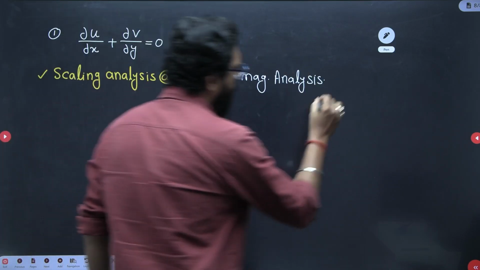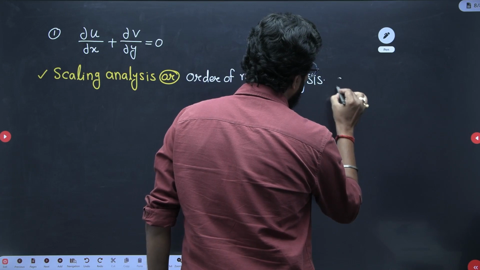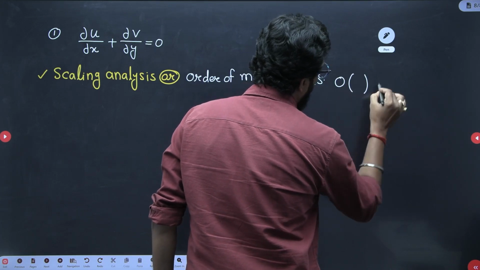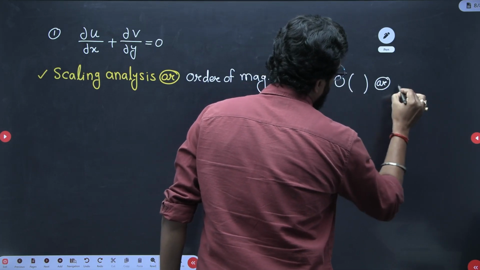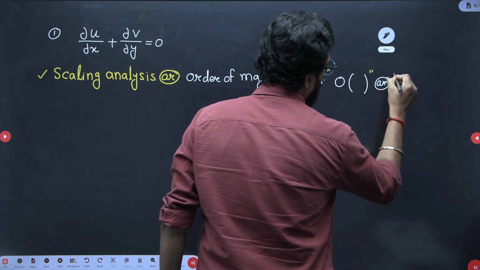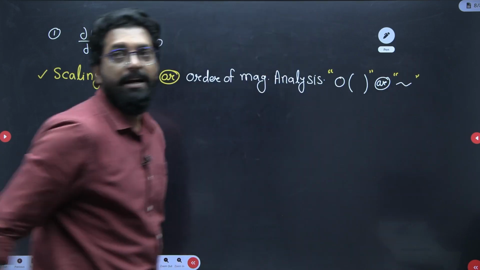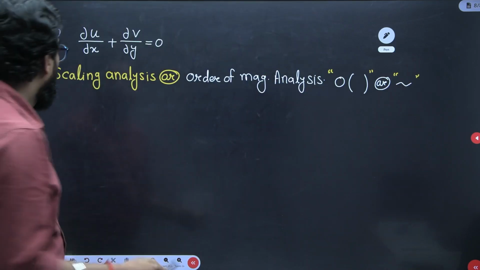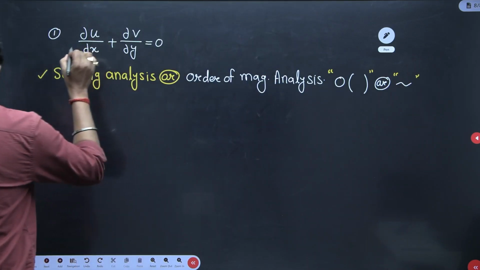What is the notation of order of magnitude analysis? The notation is O with brackets, or this one. These are the two notations of order of magnitude. So what is the order of magnitude of this first term?